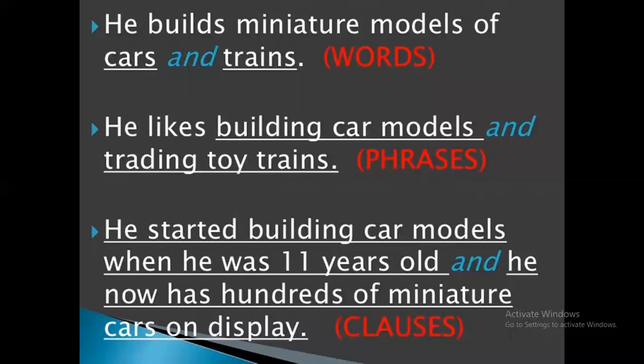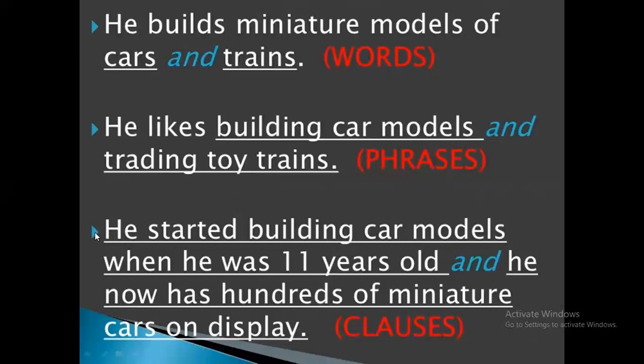So these are your phrases, which is joined by a conjunction. Third, a coordinating conjunction joins clauses. Okay. So when we are studying compound sentences, this is the kind of sentence that we will be dealing with.